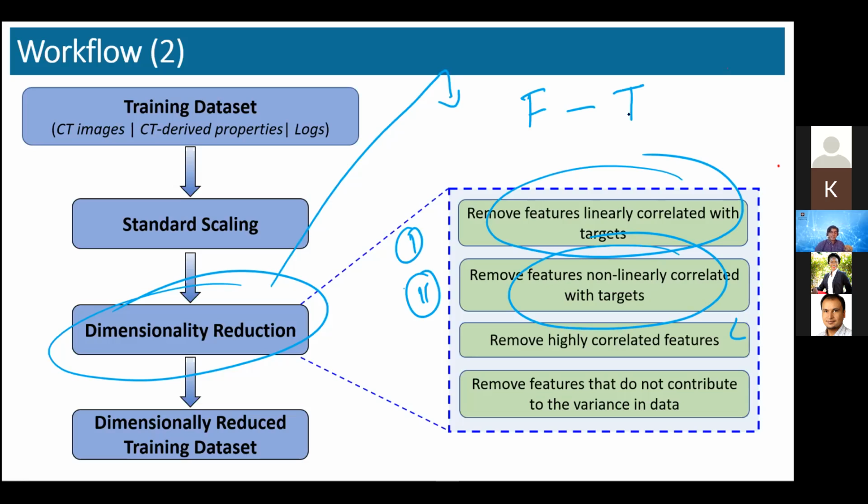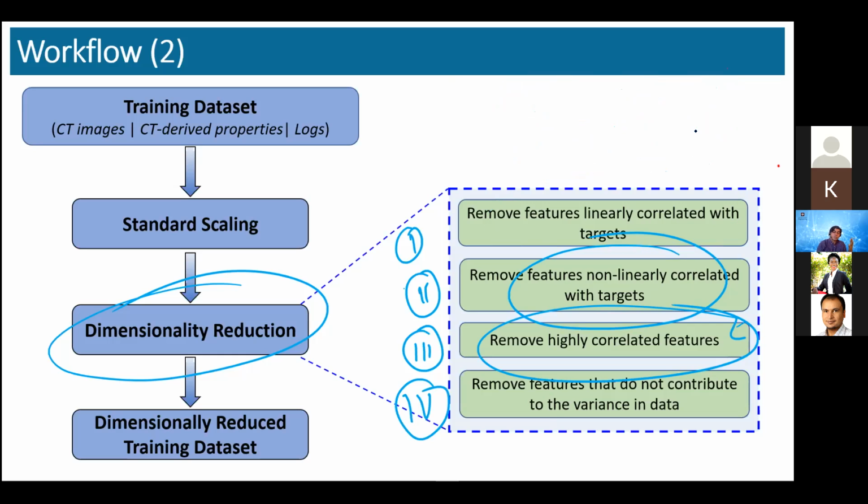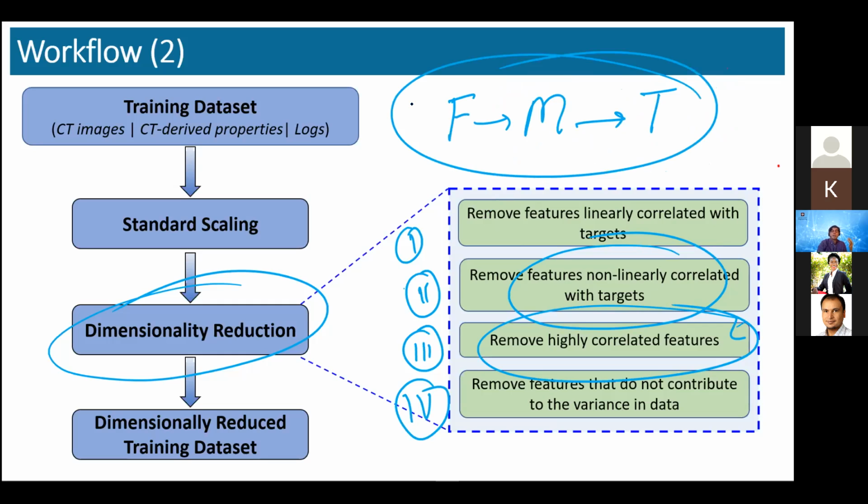Step 3 is where you look at features and perform dimensionality reduction. Step 4 is where you look at only features. So these are a lot of different ways in which you can perform dimensionality reduction. And what you just mentioned, Lasso and Ridge regression, look at features and target, but they have a model in between. So this is another way of reducing features.